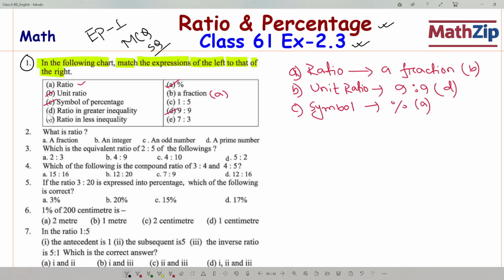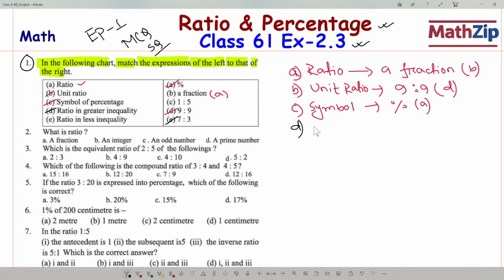Now, ratio in greater inequality. What is the meaning? It's that kind of fraction whose numerator is bigger than the denominator.